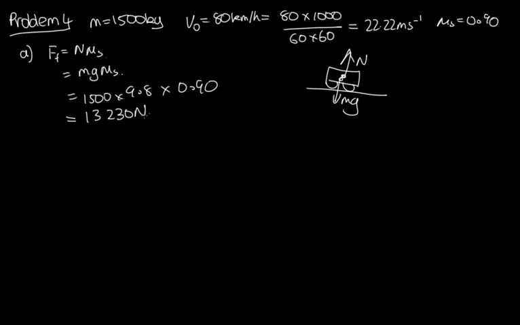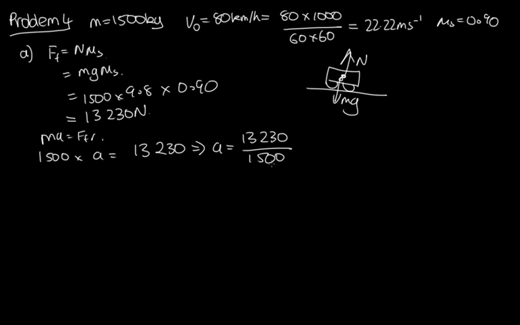13,230 newtons. And so that's the frictional force, and now we can calculate the acceleration of the car. And so we've got ma, which is equal to the frictional force, and so 1,500 times the acceleration is equal to 13,230, and so the acceleration is 13,230 over 1,500.